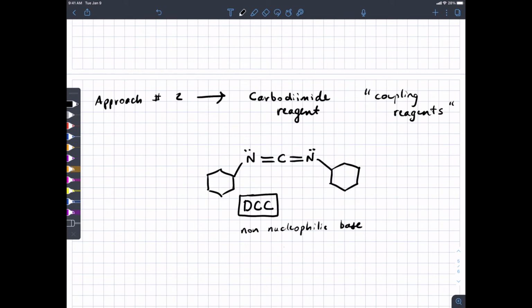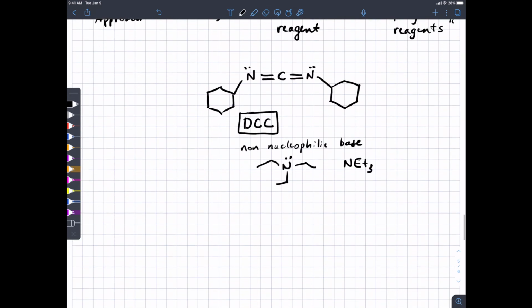So an example of a non-nucleophilic base is triethylamine. This is a tertiary amine, and the reason it's non-nucleophilic is because, for example, if it were to attack some carboxylic acid derivative that had a leaving group on it, once you get to that tetrahedral intermediate, notice there's no proton there that can be removed to stop that from being a good leaving group.